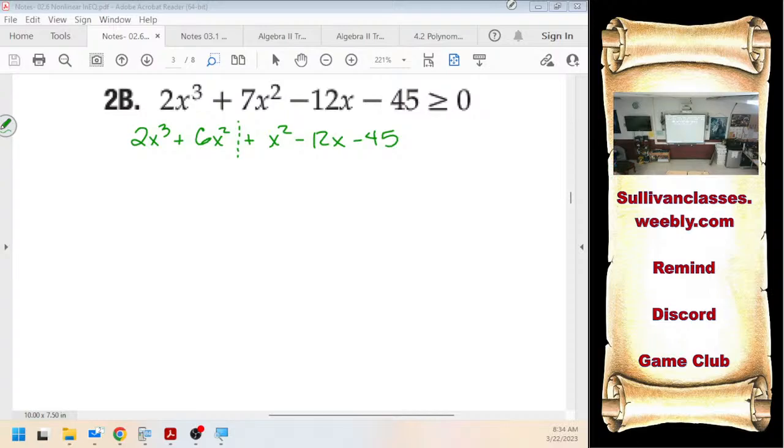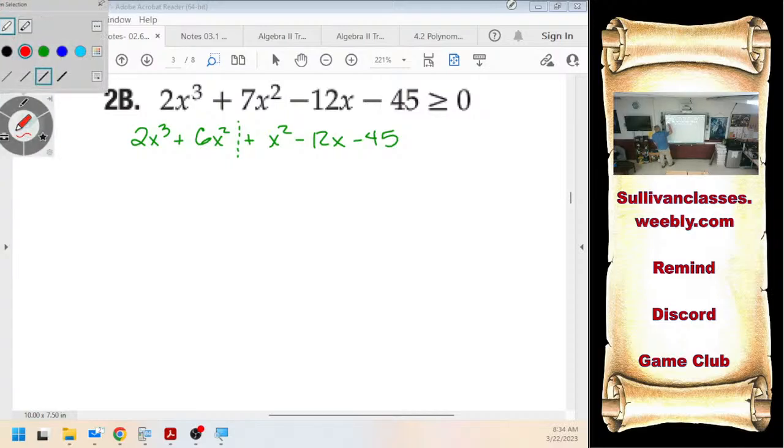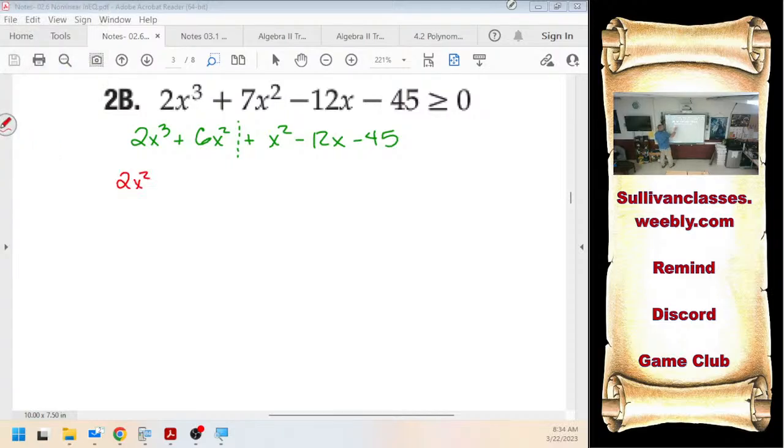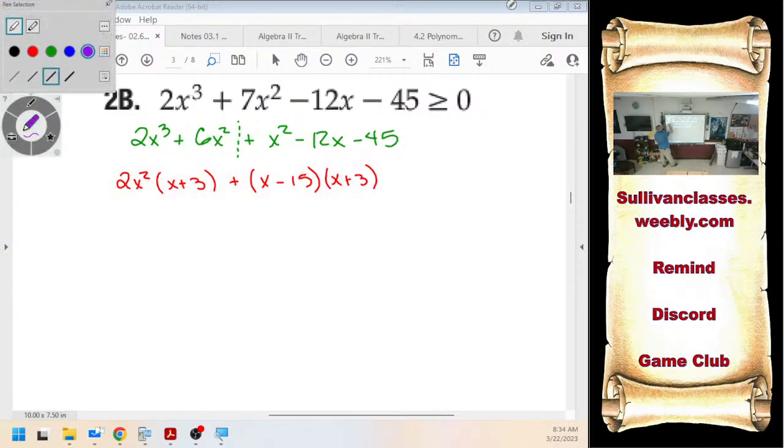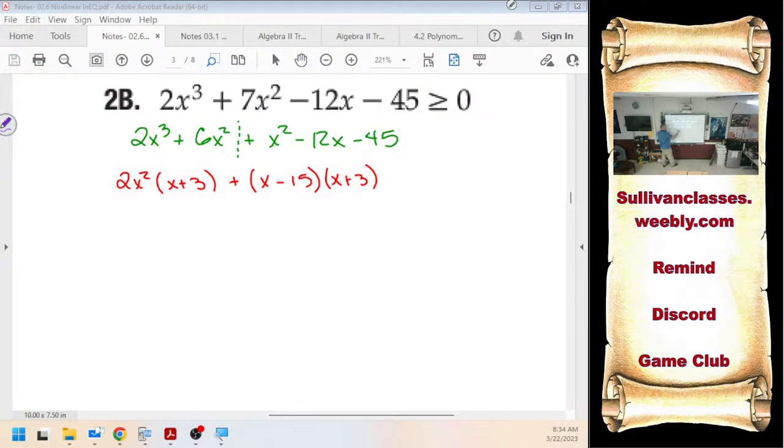All I did was break 7x squared into 6x squared and 1x squared. Okay, so I'd take out 2x squared, leaving x plus 3. I have an x minus 15, x plus 3. X plus 3 comes out, leaving 2x squared plus x minus 15.